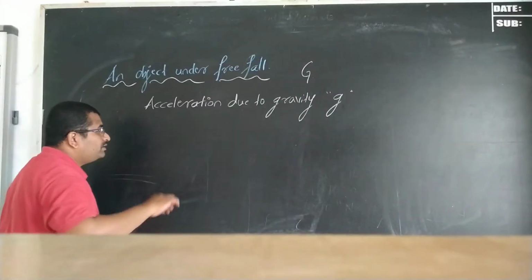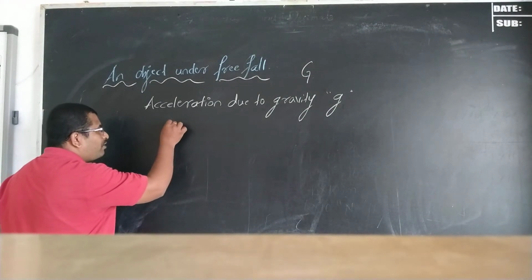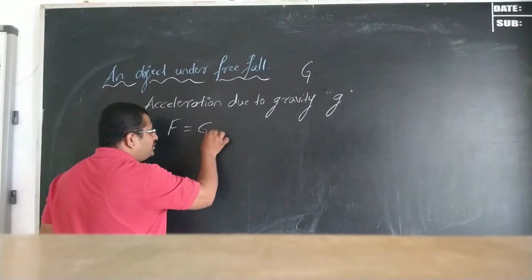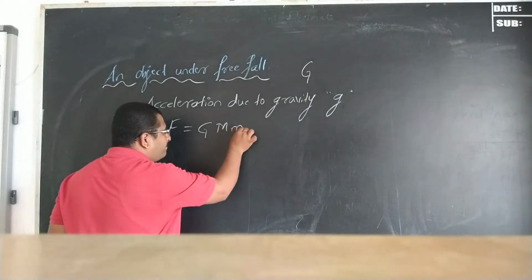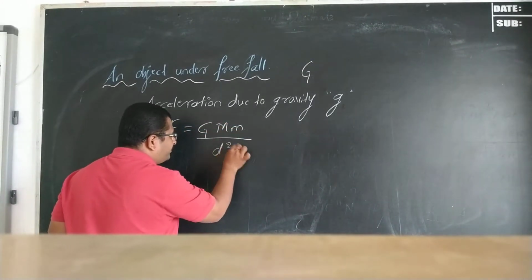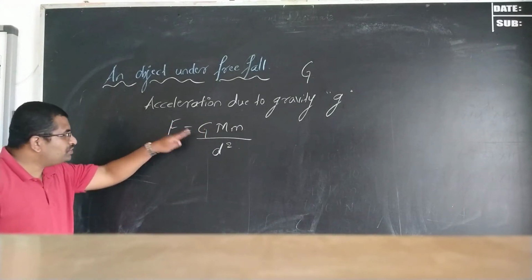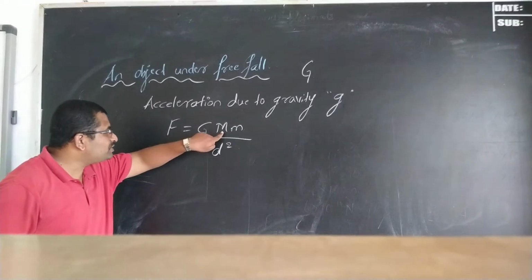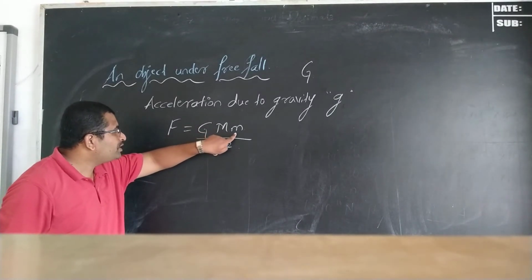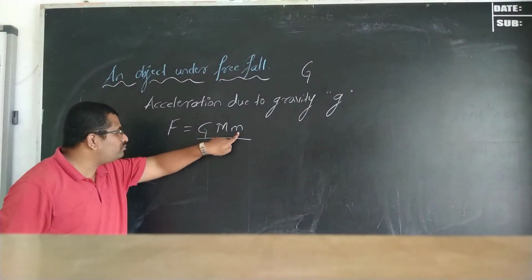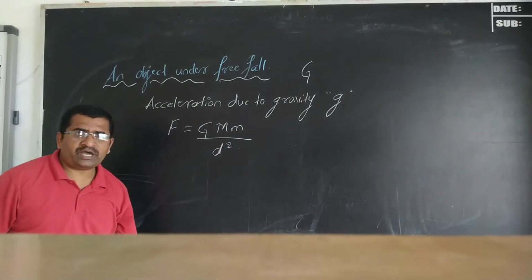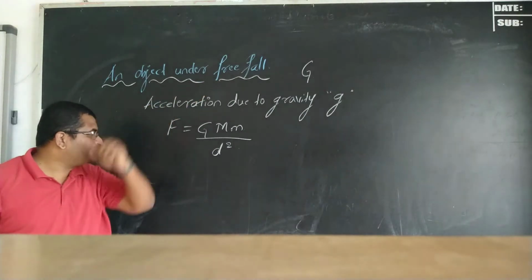In my earlier class, I derived the expression F = GMm/d². Here F is force, G is the gravitational constant, M is the mass of the earth, m is the mass of the object, and d² is the square of the distance between the earth and the object.